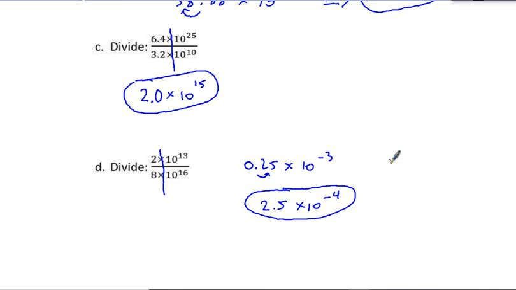And just to show you why and how this works in the scientific notation realm, if we were to convert both of these to standard form, we would end up with the same answer. A negative 3 tells me to move the decimal point to the left here, 3 places, so 0.123325.